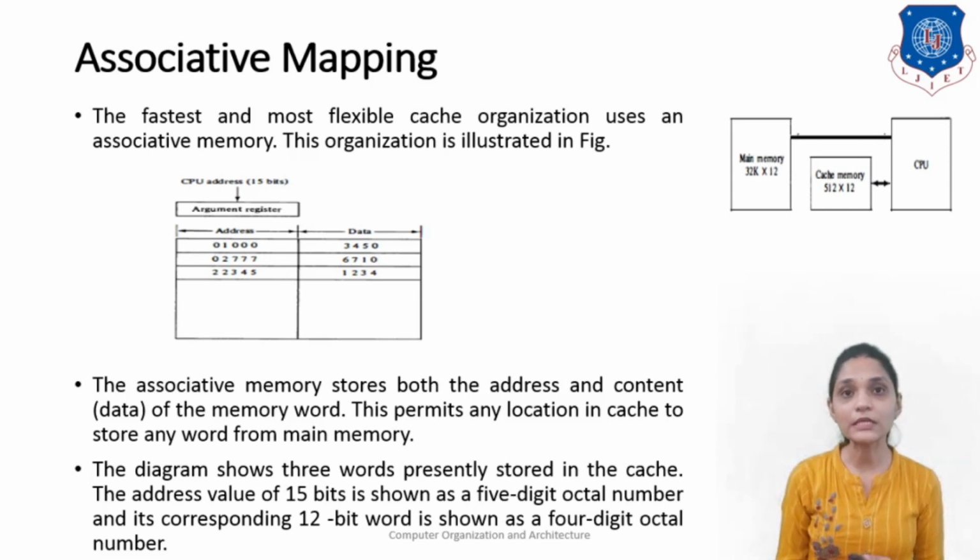So the total content of one location of the cache will be 5 plus 4, that is 9 octal digits, and each octal digit is 3 bits. That means it contains 27 bits at one place.